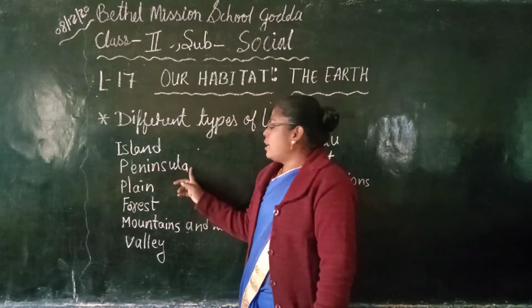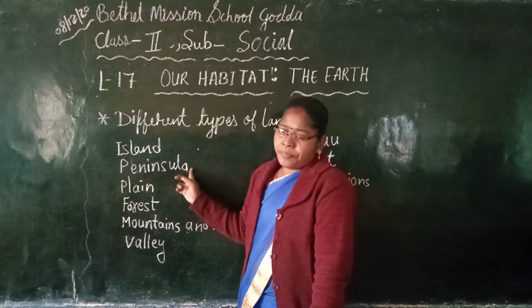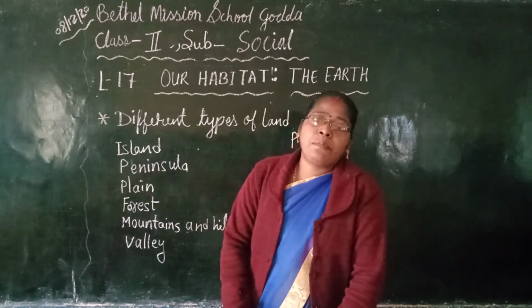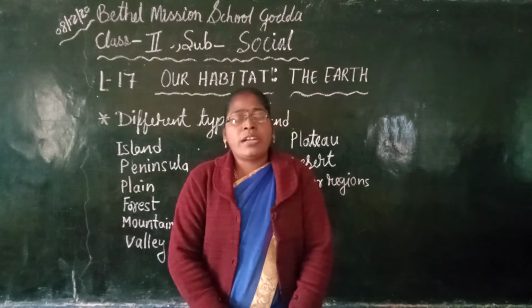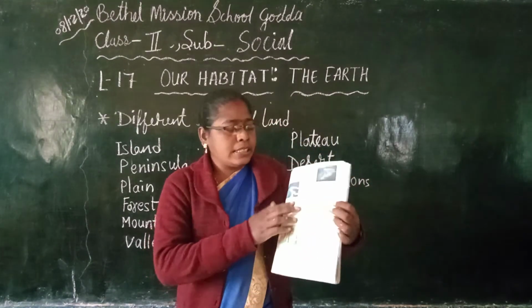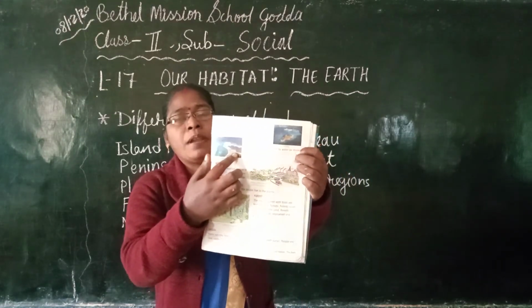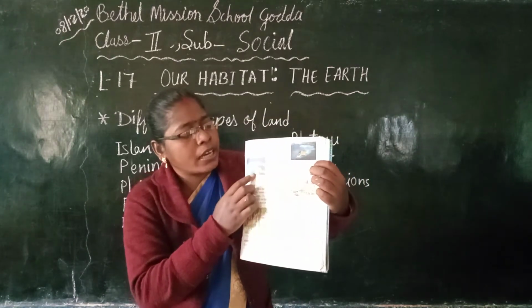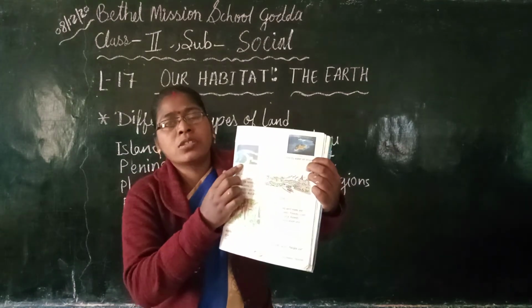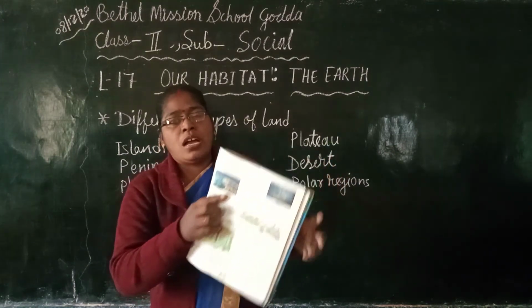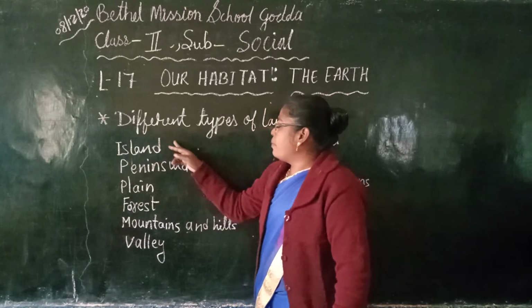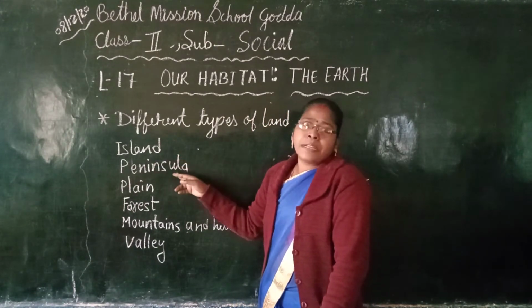Now, second is peninsula. A piece of land surrounded by water on three sides is called a peninsula. So, did you understand the difference between island and peninsula?